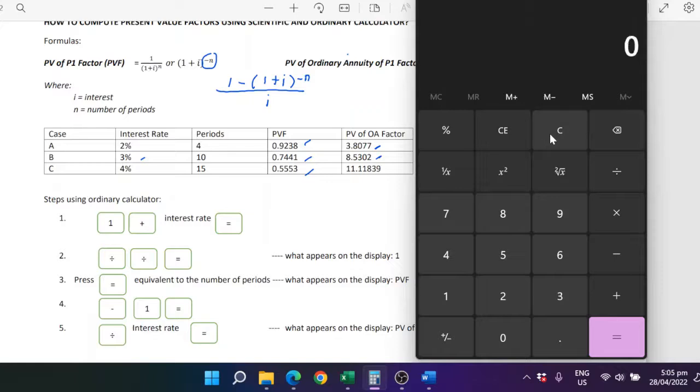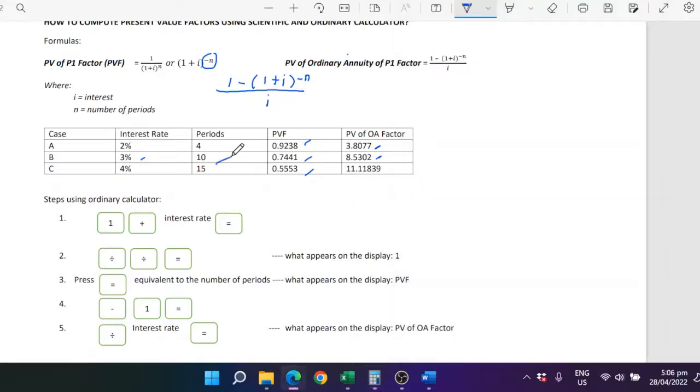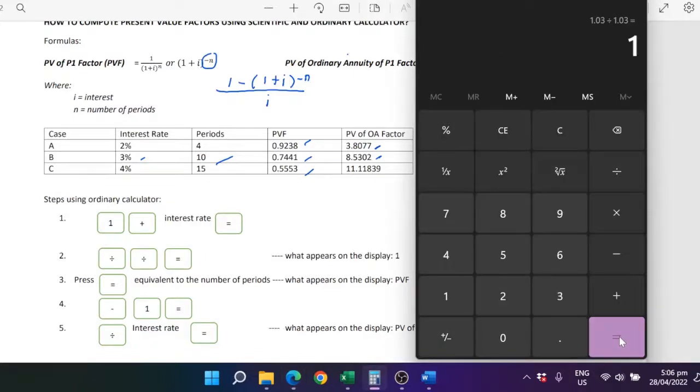Let's try case B. 1 plus the interest rate 0.03, equals, then divide, equals, then press the equal sign according to the number of periods. That's 10. So 1, 2, 3, 4, 5, 6, 7, 8, 9, 10.